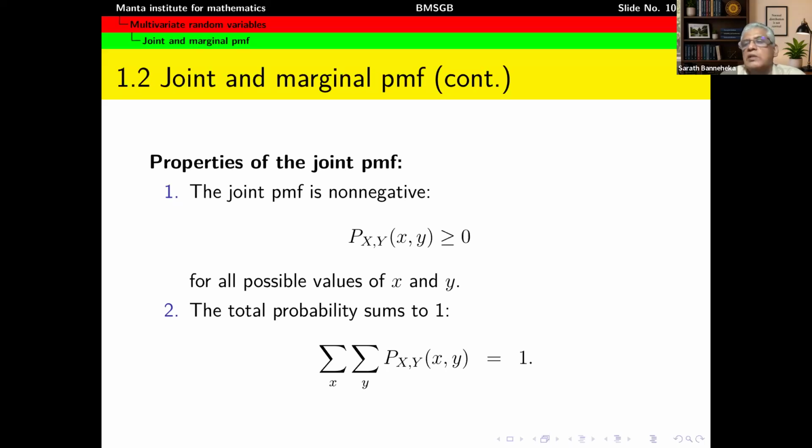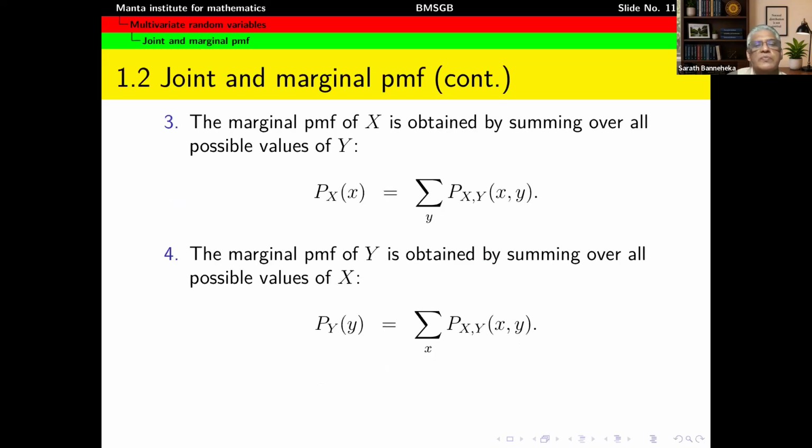So the same idea here, the total mass should be equal to 1. That means if you add p_XY(x, y) over all possible pairs of (x, y), then the answer should be equal to 1 for this p_XY to be a joint probability mass function. So they are very obvious and direct extensions of the univariate definitions.